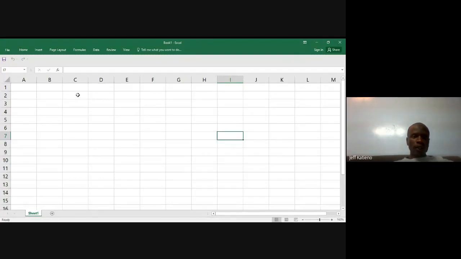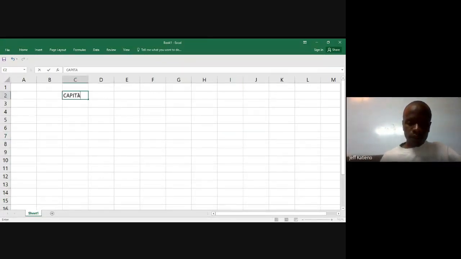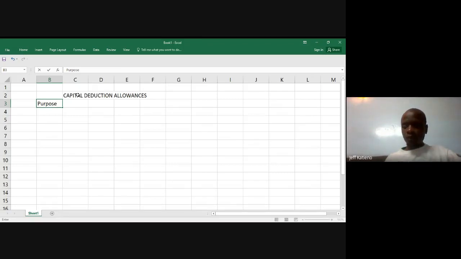Today, we want to look at capital deduction allowances. What I want to start by saying is the purpose of the capital deduction allowances.